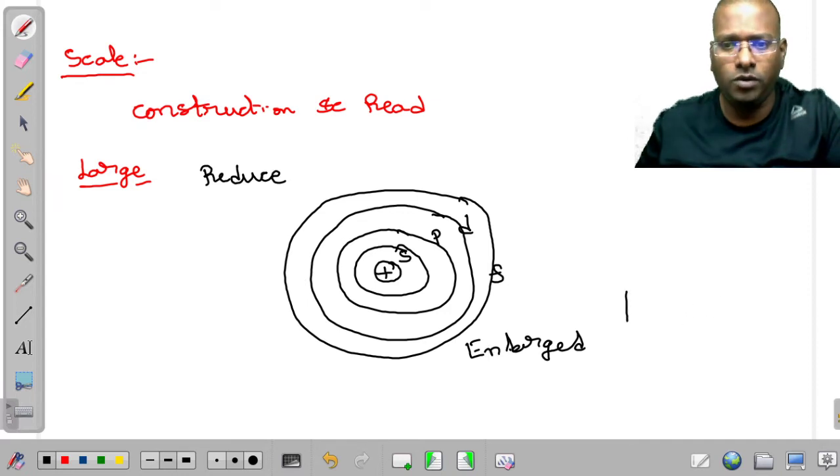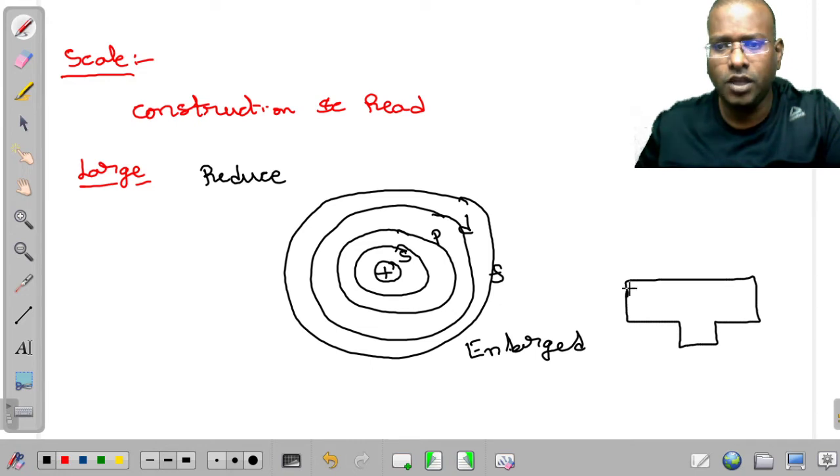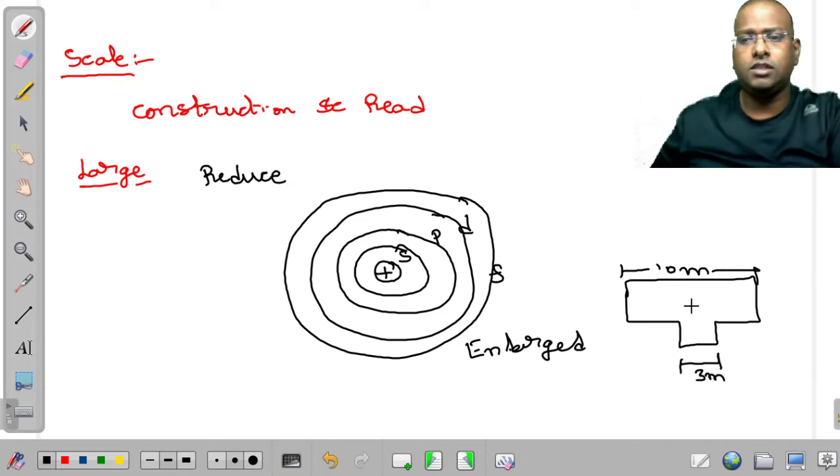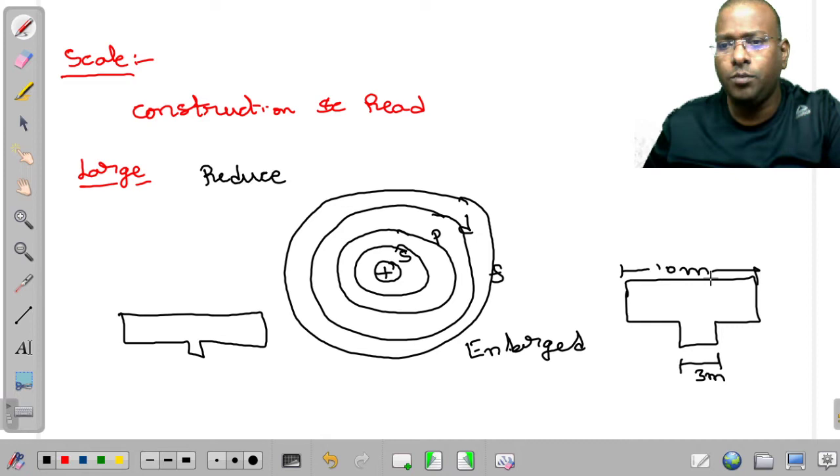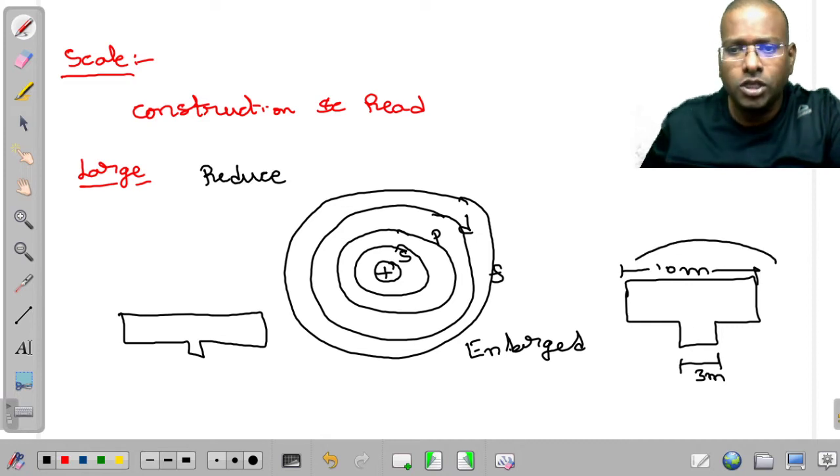For example, if I have an object like this, if it is 10 meters, this is 3 meters. Instead of drawing like this, if I draw like this, it is not good, because proportions are not maintained.